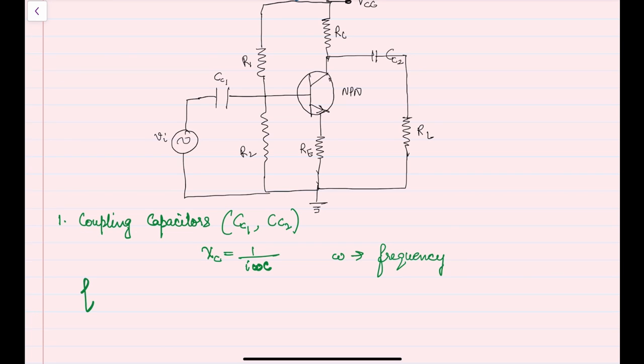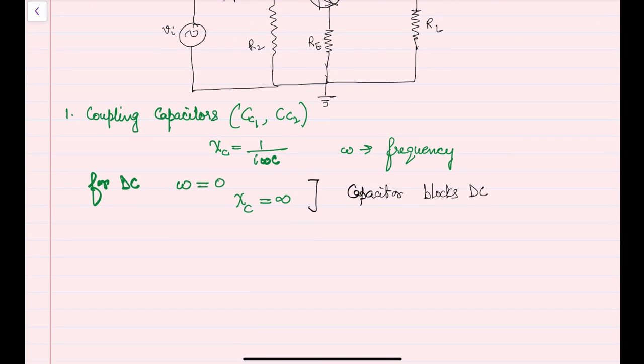For DC, omega is 0 and hence the reactance is infinity. So we can say that a capacitor blocks DC and allows AC to pass through it, because the reactance is finite for AC.